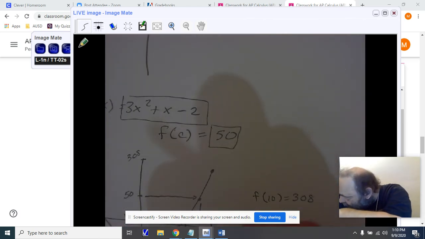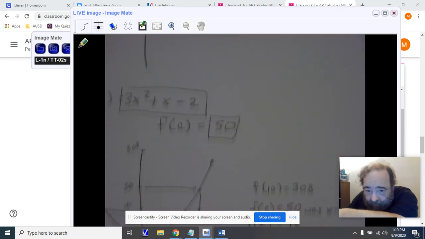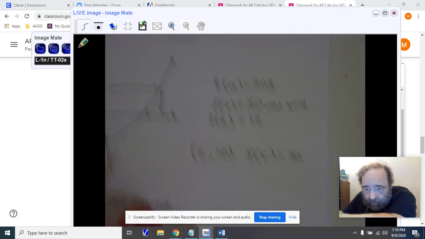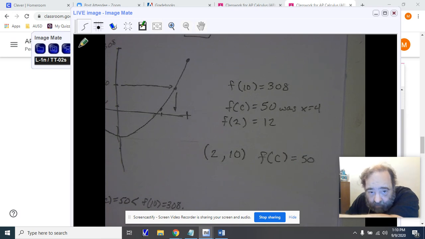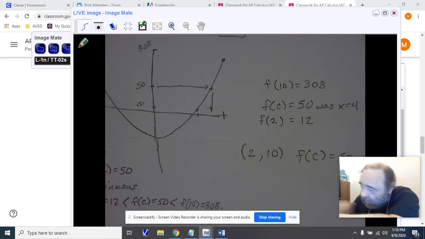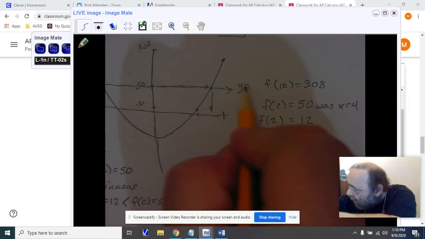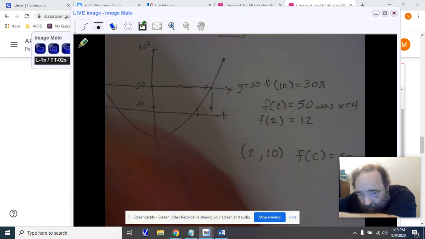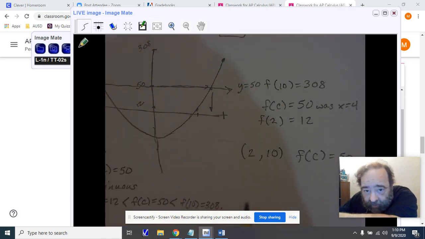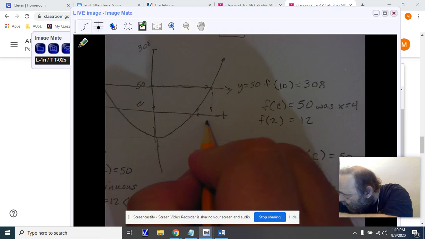Our c value that yielded 50 was x equals 4. So if they are asking you to find the value, do your intersection, I should say, between y equals 50 and the curve. Use your graphing calculator to find that intersection, and you find the intersection is x equals 4.